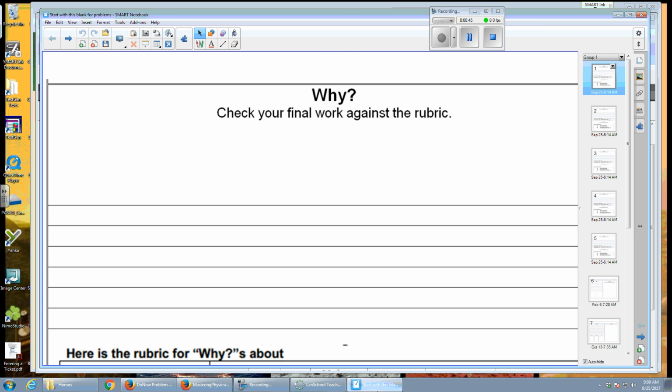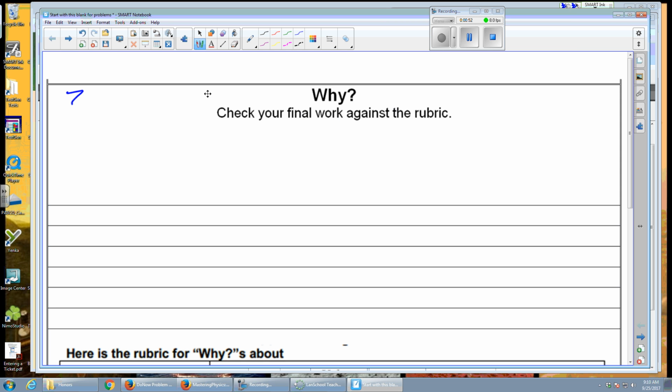We're doing number 7 here, and so I'm going to start off. I am assuming the Earth's frame of reference. And then I think I need a picture.